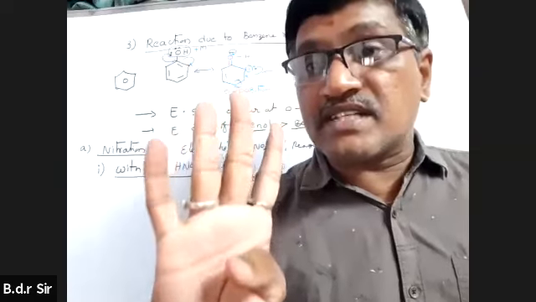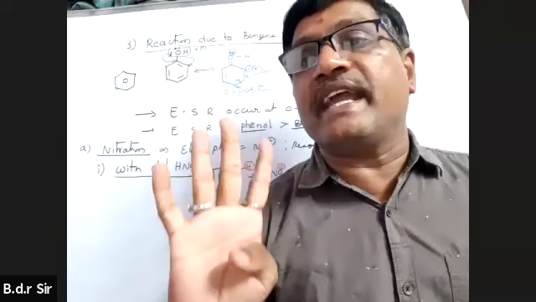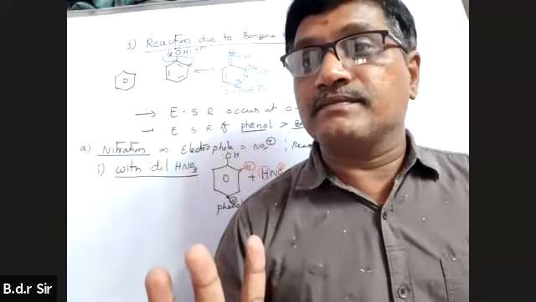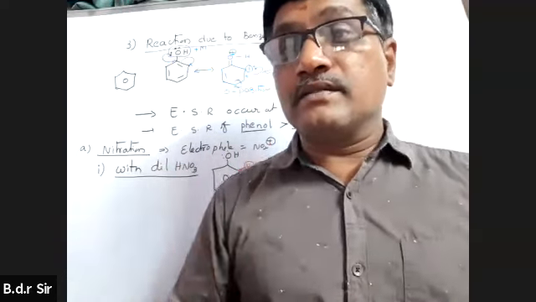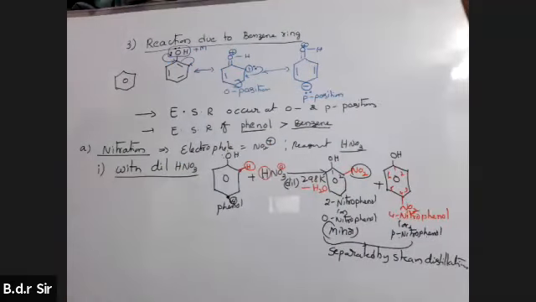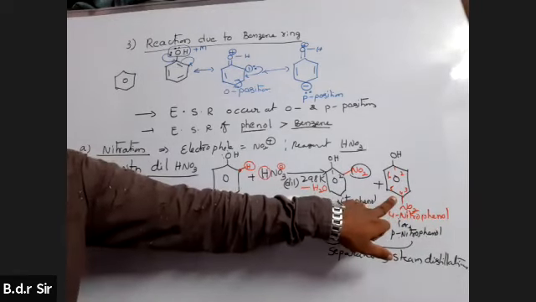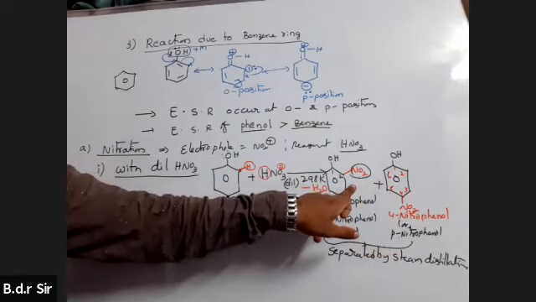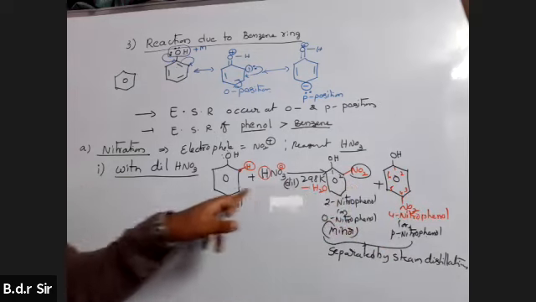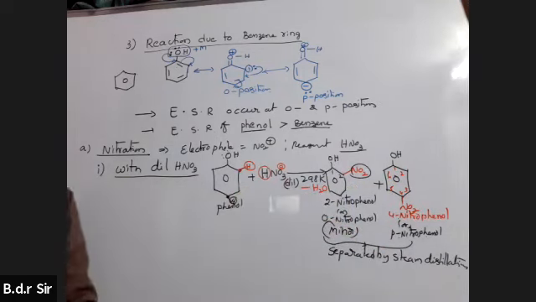Acidic nature is inversely proportional to pKa. So compared to these three, para-nitrophenol is most acidic, next ortho-nitrophenol, next phenol. If you have any confusion, note down here.